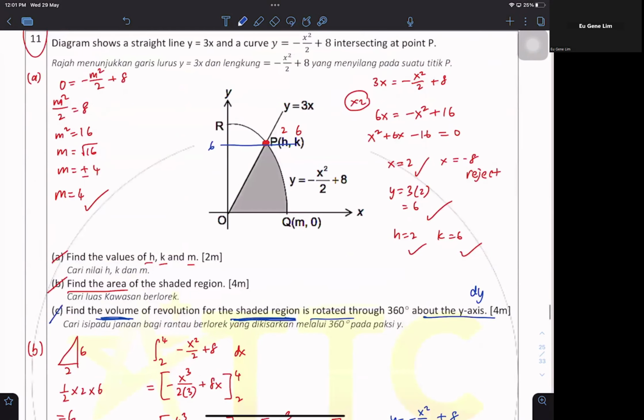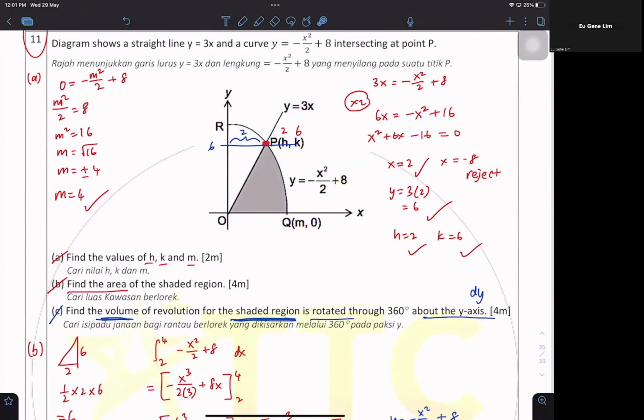Look carefully. It's actually here, right? The radius of the cone is this part, which is 2. Because once it rotates, it becomes like this. So the radius is actually this 2.